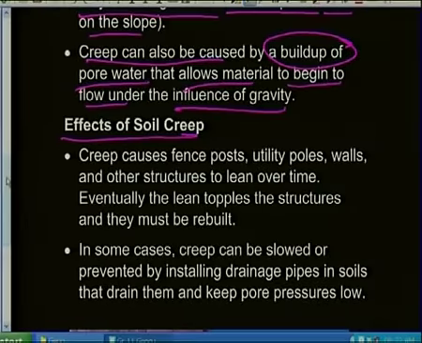What are the effects of soil creep? In this case, creep causes fence posts, utility poles, walls, and other structures to lean over time. Commonly, when you're driving around your suburbs, as well as areas where power lines and telephone poles are located, you will note that they exist at a slight angle.